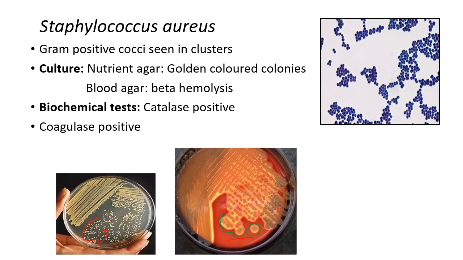And since it's beta hemolytic, since it's golden colored, you start thinking in your mind that this could be Staphylococcus aureus, all right? But by just looking at it, we cannot confirm it.